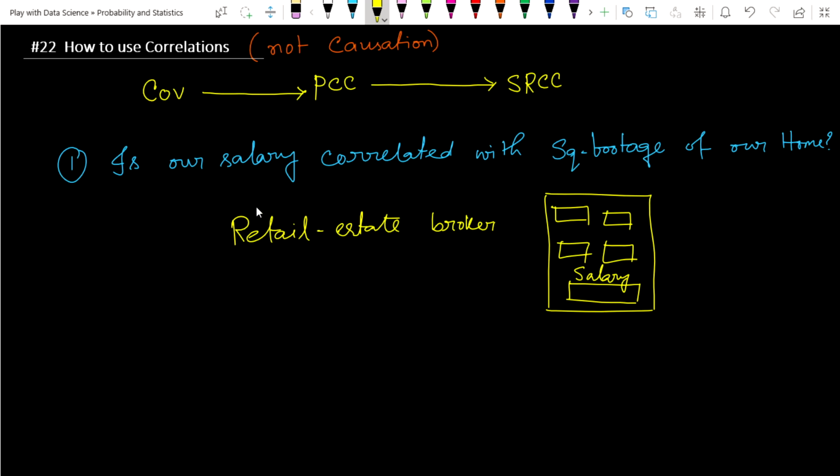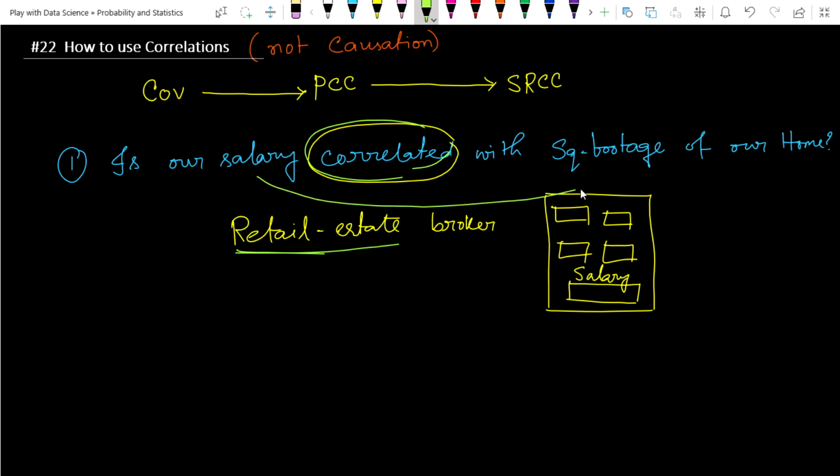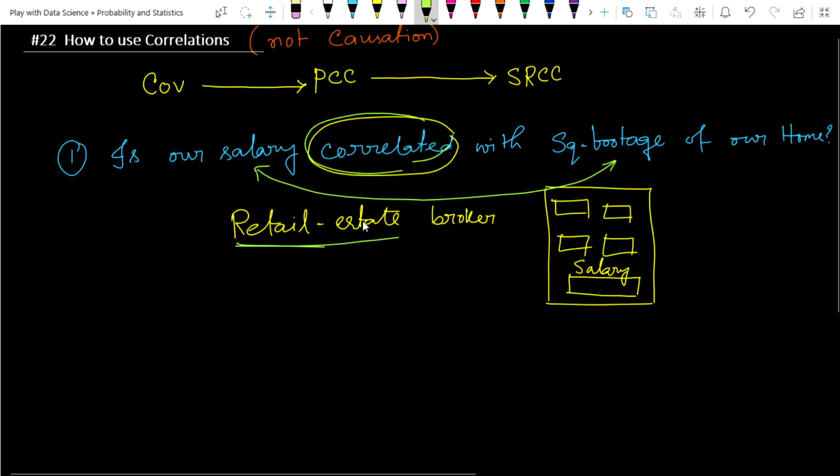So in that situation, the correlation concept comes into the picture to get these kinds of answers. The real estate brokerage already knows the correlation between the salary and the square footage of the home, and according to your salary they suggest the home that you want to buy. Okay, that's the first kind of application.